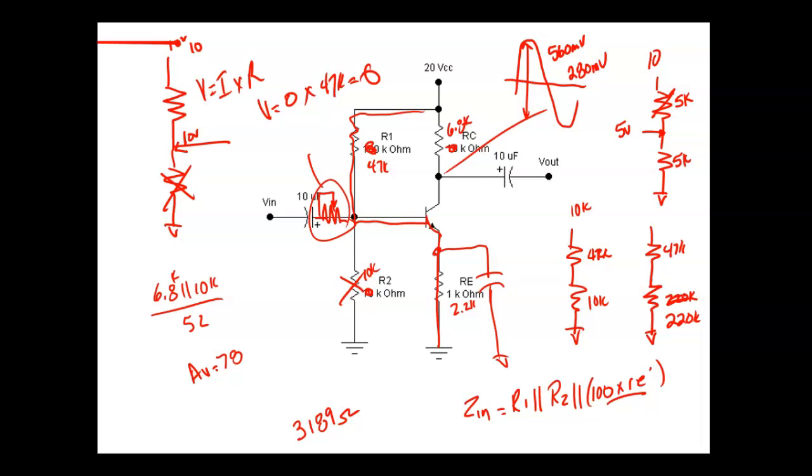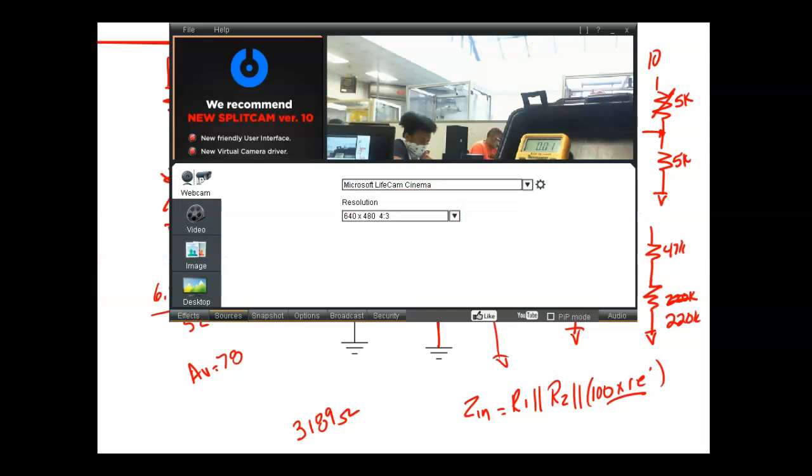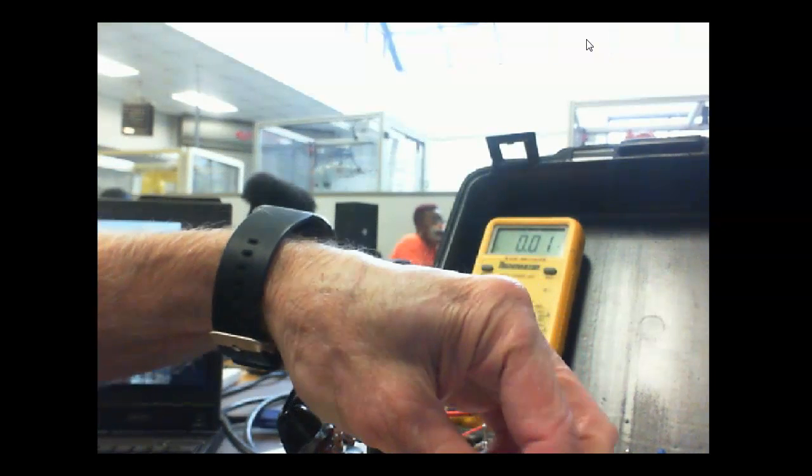I've lost something again. Okay, so here's my meter. Right now my base voltage is measuring 1.75 volts. And we're going to open up R2, which is the 10K.